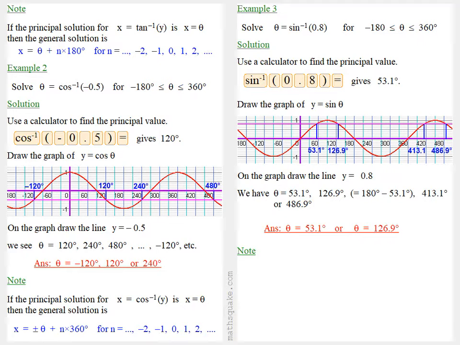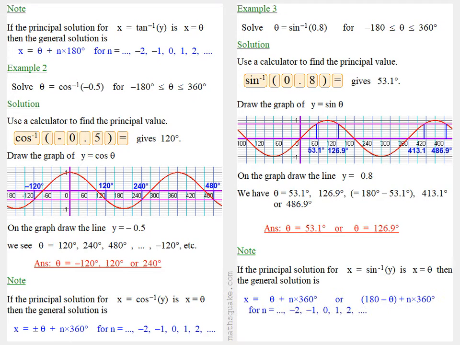Now we can get a general formula for this. If the principal solution for x equals sine minus 1 of y is x equals theta, then x is equal to theta plus n times 360, or 180 minus theta plus n times 360 degrees for any integer value of n.